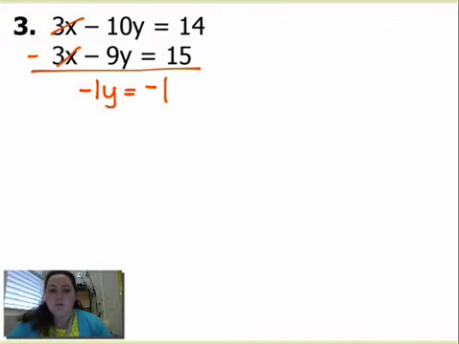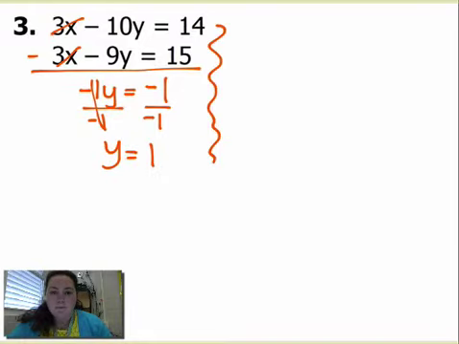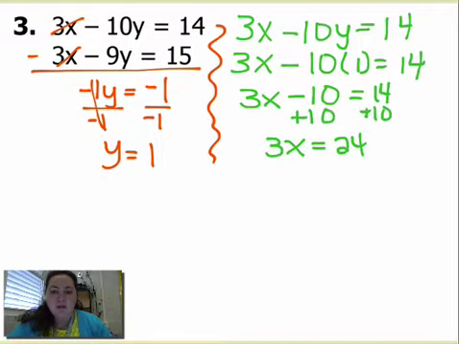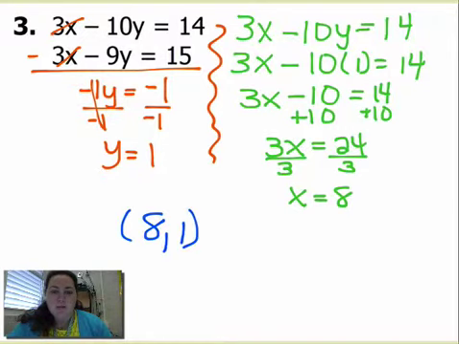That gives me negative 1y equals 14 minus 15, which gives me negative 1. Divide by negative 1. I get y equals 1. Now I can plug that into one of the equations. Wherever I had a y, I'm going to plug in 1. Solve that. I get 3x minus 10 equals 14. Add the 10. 3x equals 24. So x equals 8. And my answer is (8, 1).